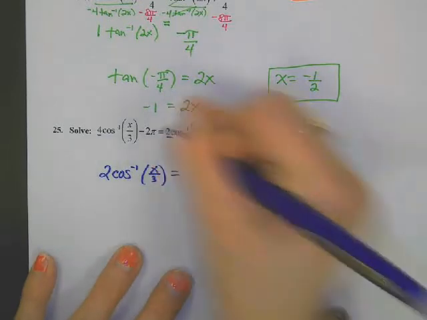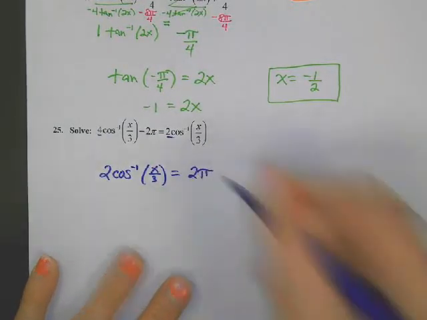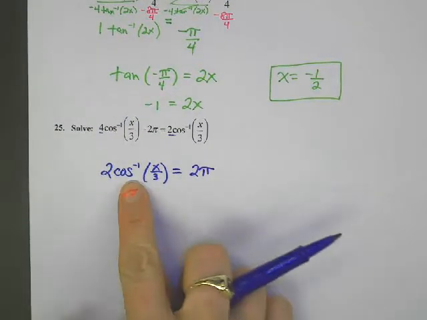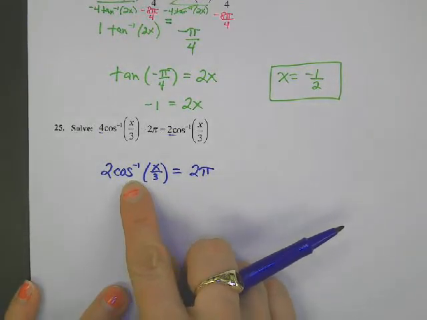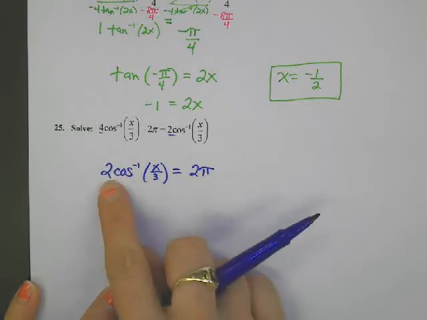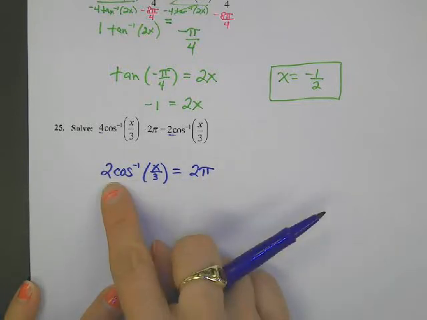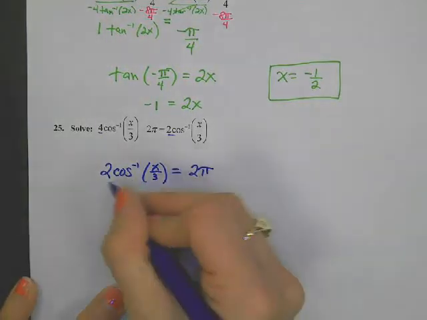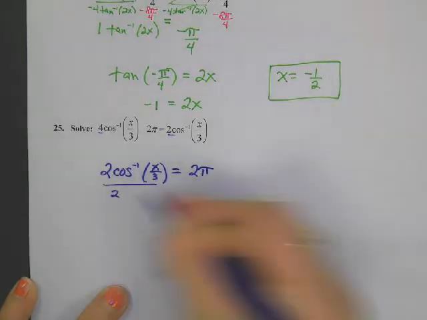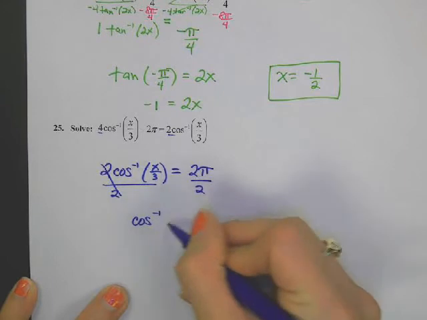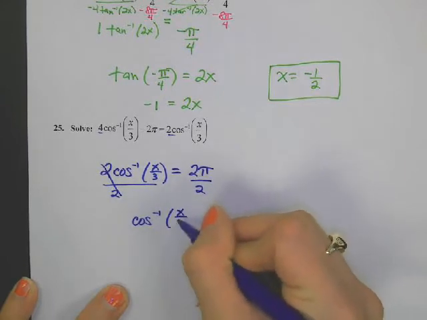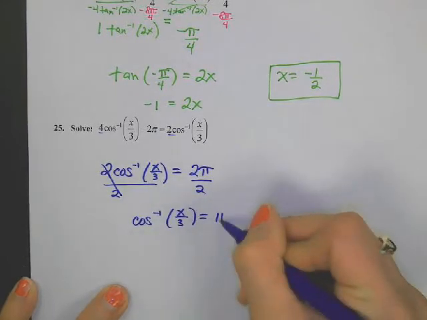Let's move negative 2 pi to the right, make a positive 2 pi. Now this is an inverse equation, so maybe we'll divide by 2 first. Let's divide by 2 and get that out of there. Divide both sides by 2. Cosine inverse of x over 3 is just a pi.